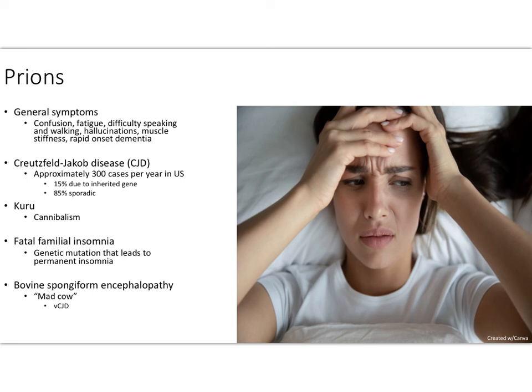It is, as far as we know at least, transmitted exclusively through cannibalism in certain cultures or certain communities in areas of Southeast Asia. So this disease is transmitted when communities eat primarily the brains. It could be other organs as well, but primarily the brains of their deceased relatives.